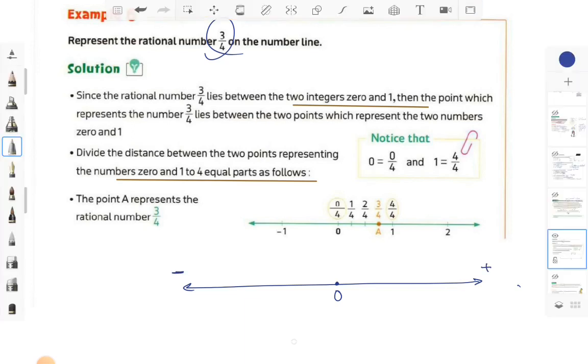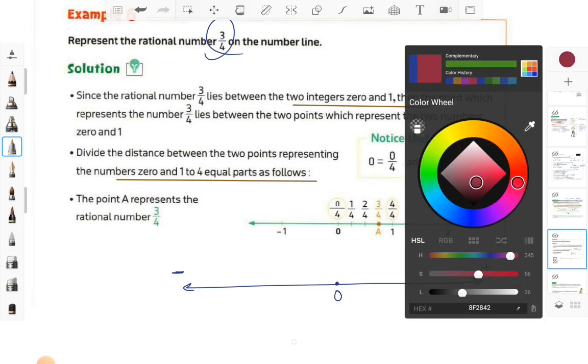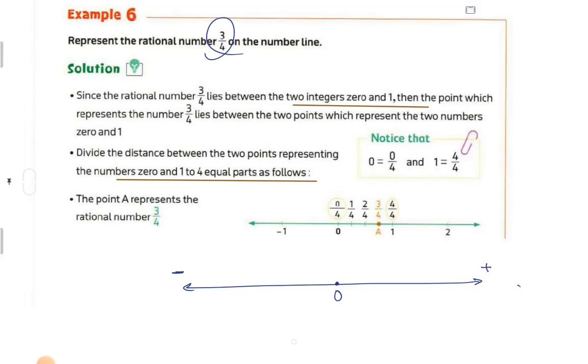Okay. First, is 3 over 4 positive or negative? It's positive. So it will be to the right of 0. It will be here, to the right of 0, because it's positive, it's not negative.